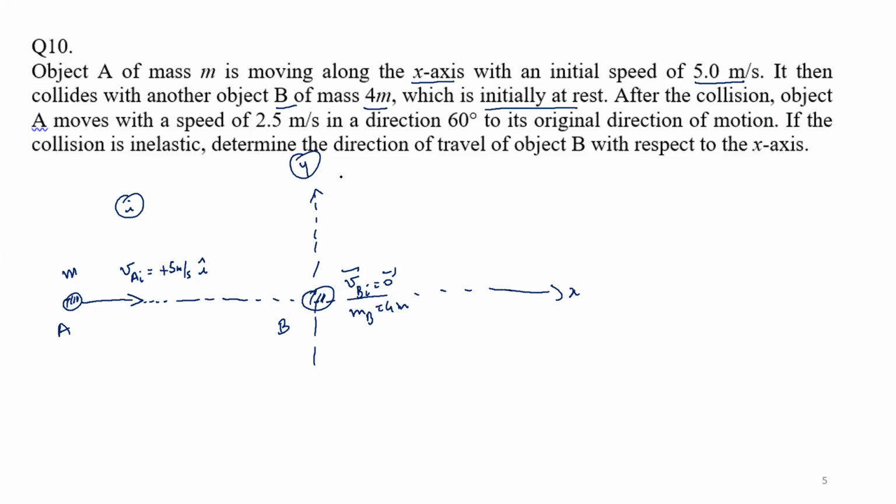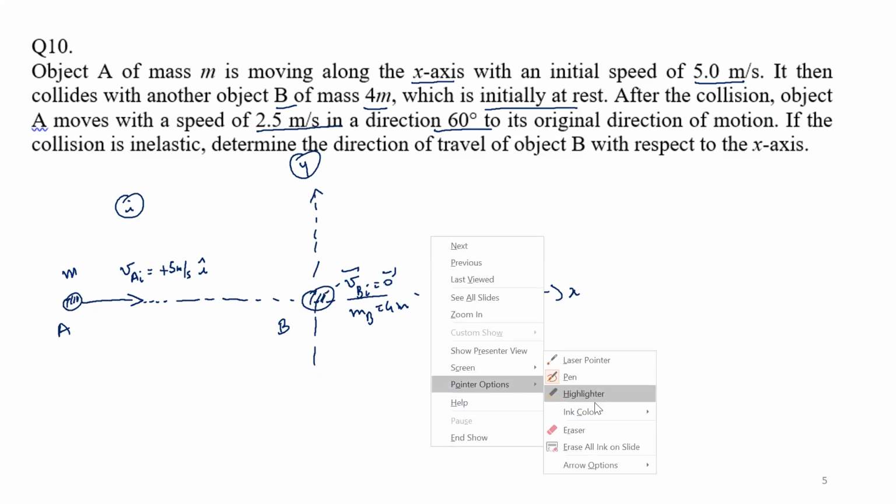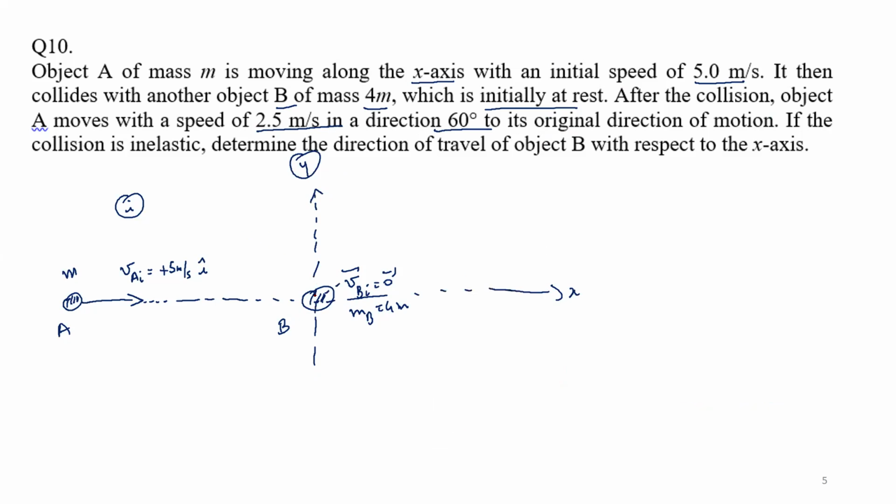After collision, A moves with a speed of 2.5 meters per second in the direction 60 degrees of its original direction. So after collision, let me take another color of my pen. I have A, which is moving in this direction. This angle is 60 degrees, and A is here with mass m.